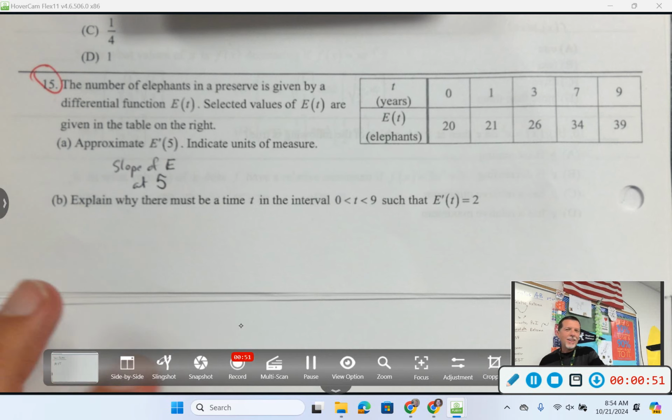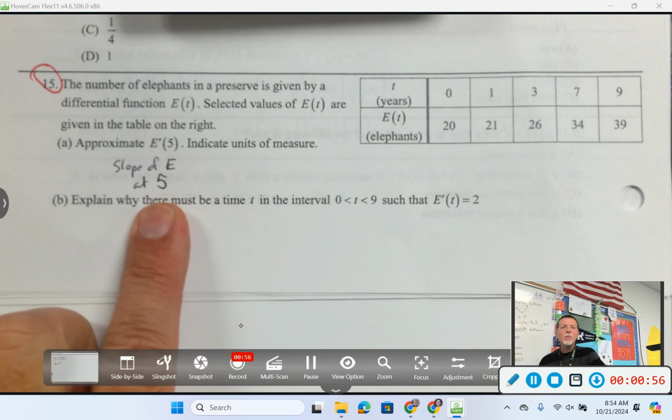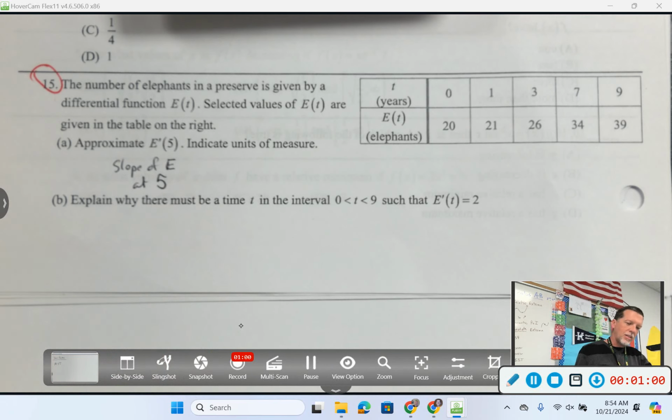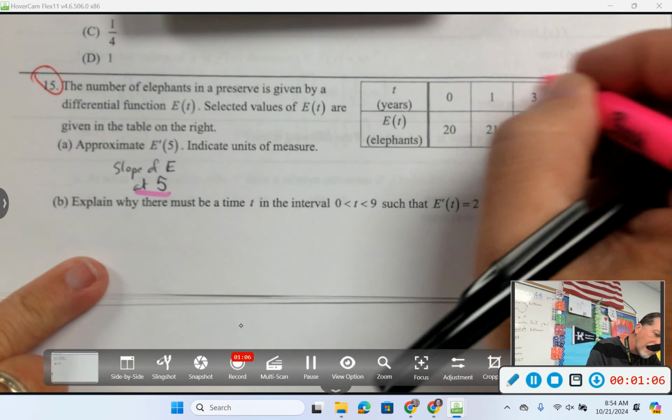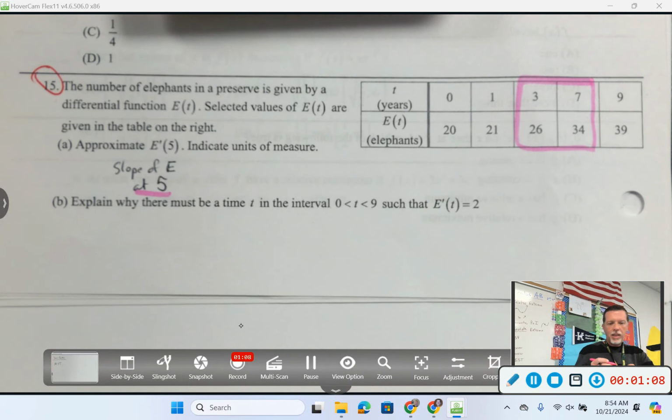Well, I don't have any information at 5. But that's okay. I want the slope of e at 5. So which two data points would probably be the best to use to find the slope of e at 5? 3 and 7. So slope of e at 5, I think I can use those.